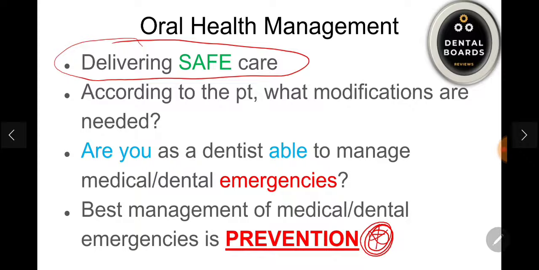All those things should be engraved into your practice, to the point where you don't even have to think about it much. It becomes natural. You see a patient, you see the health history, and you already know what to do to prevent any emergencies.